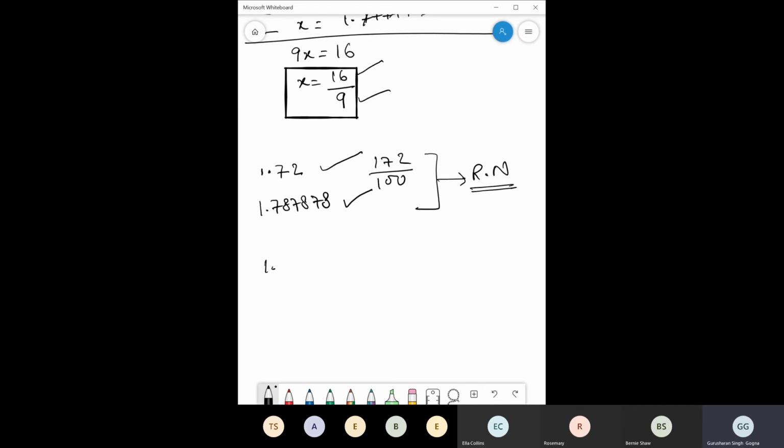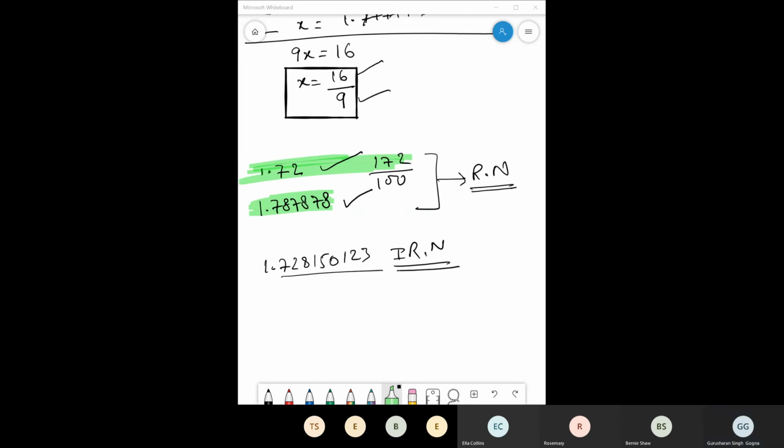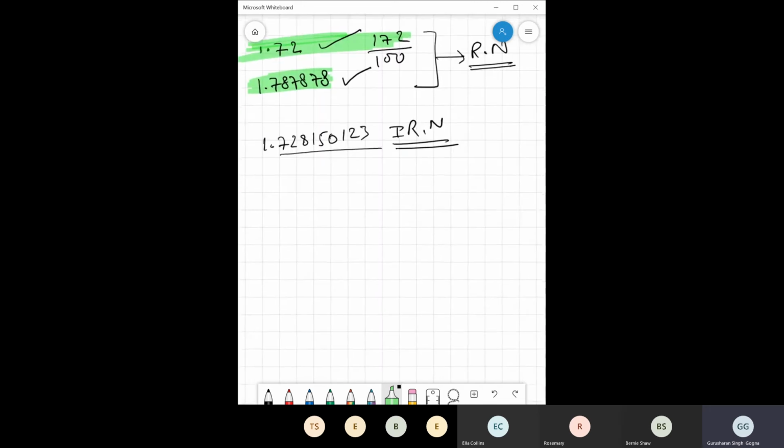But if you have a number with random decimal places, for example 728150123, where nothing is repeating or recurring, then these are definitely irrational numbers. So if you have a number like this, you need to check whether there are limited decimal places, or if there are multiple decimal places, you have to make sure whether it is recurring or not. Okay, so that is the idea behind irrational and rational numbers.